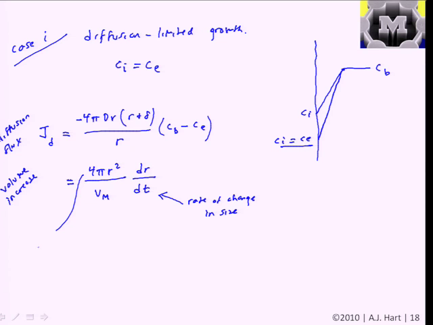So here we have an area, here a length per time, and here a volume. We end up with the units of flux, which are just 1 over time, or the number of atoms that arrive at the surface per second.